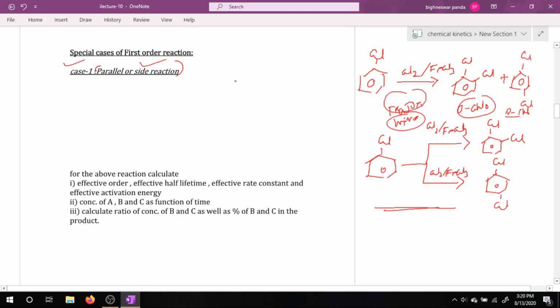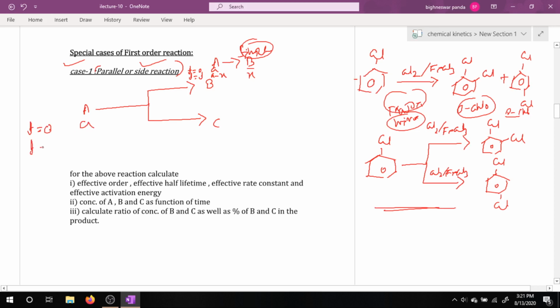Let us consider a simple reaction, A gives rise to B. But for a parallel or side reaction, A gives rise to B and C. When time t is equal to 0, the concentration of A is a, and the concentrations of B and C are b.